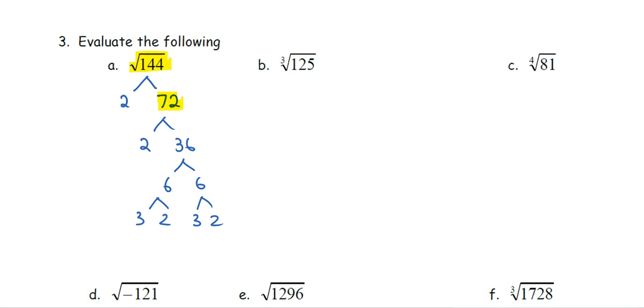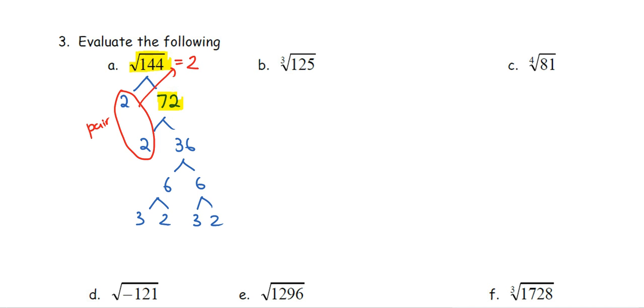Okay, so the idea is you want to find pairs of the same numbers. Here I have a 2 and 2. That's going to be a pair. With that pair, I'm going to bring it to the outside, combining those 2 2's into 1 2. So there's my first pair there.